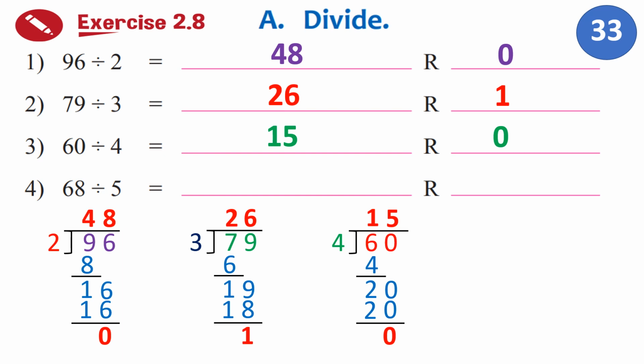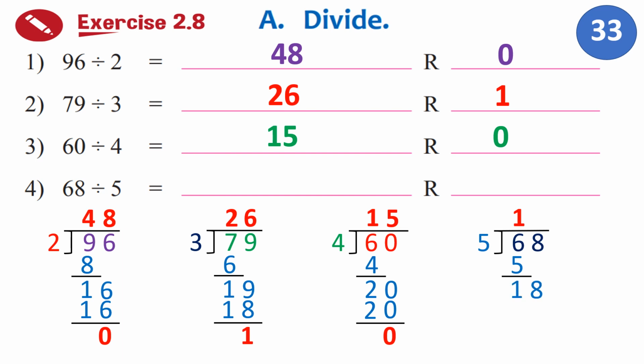Next is number 4. 68 divided by 5. The first number is 6. 6 divided by 5 is 1 only. 1 times 5 is 5. Then 6 minus 5 is 1.